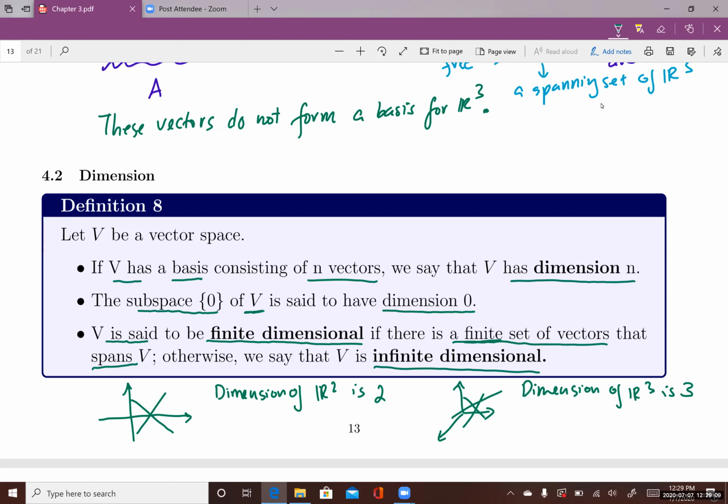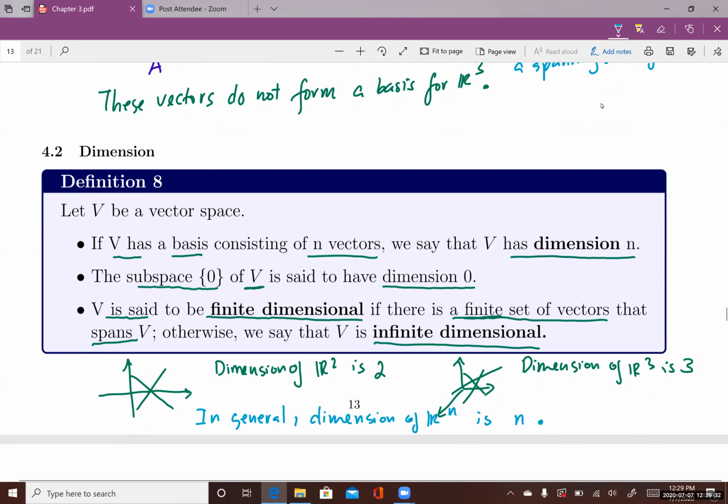So in general, the dimension of Rn is n. That means you need at least n vectors to form a basis for Rn.